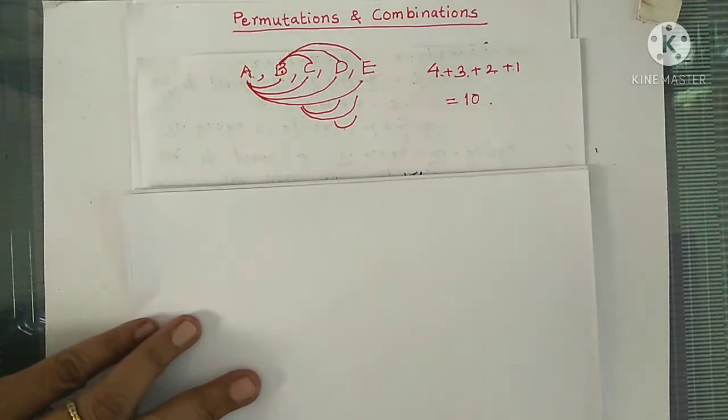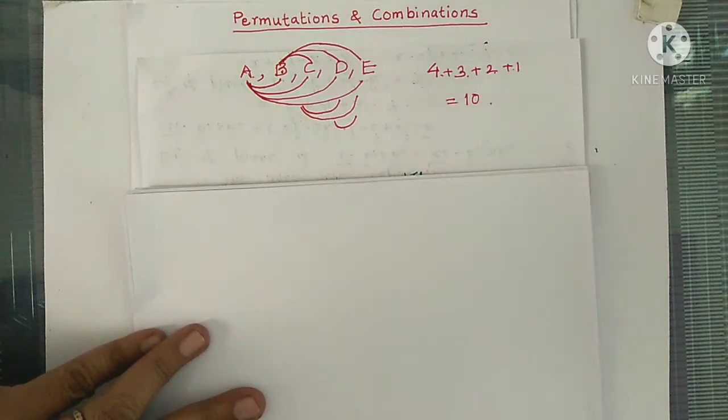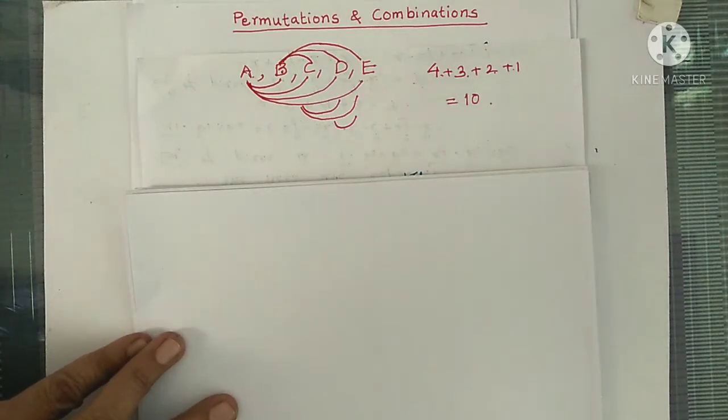Here the number of persons given is 5, so it's easy to find like this. But if it is a large number, then it's very tedious to find. So for counting, we need this concept, permutation and combination. That is the fundamental thing in mathematics, to count.